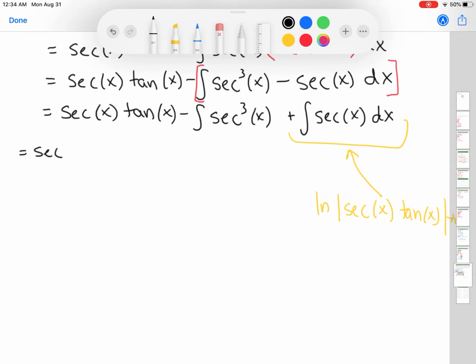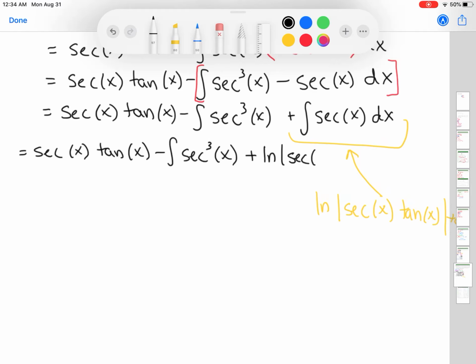So let me go ahead and rewrite this. I'm going to have secant x tangent x minus the integral of secant cubed x, and then I'm going to write this answer that I have in yellow.